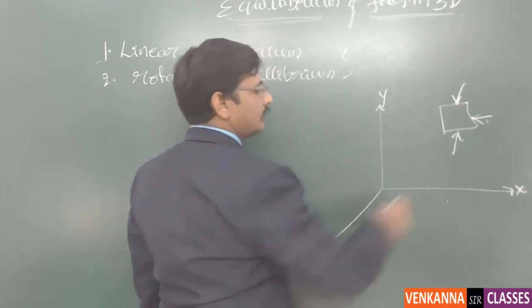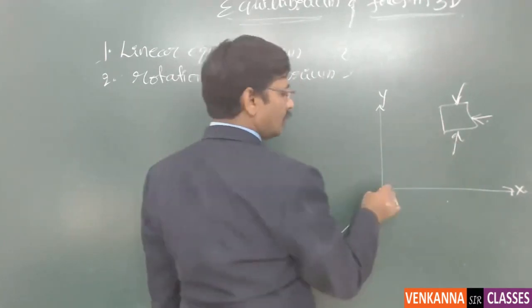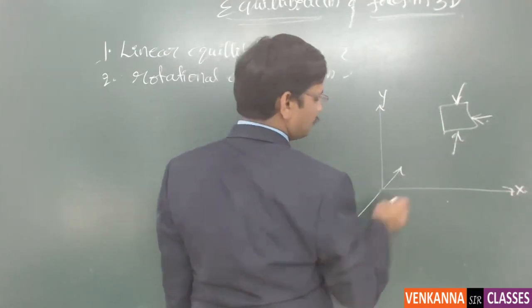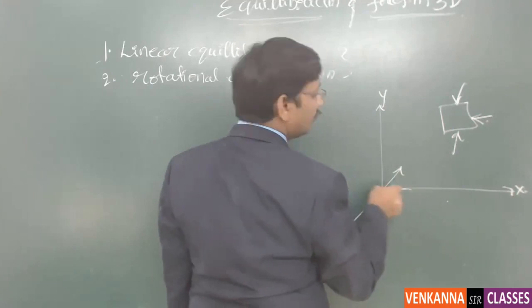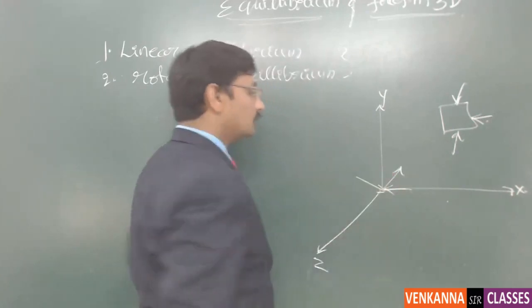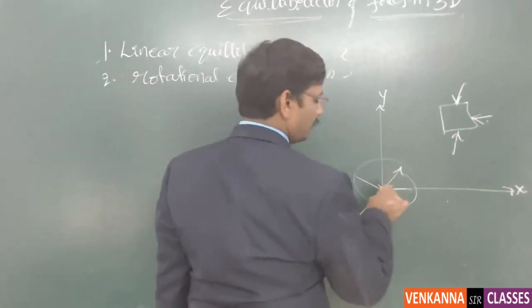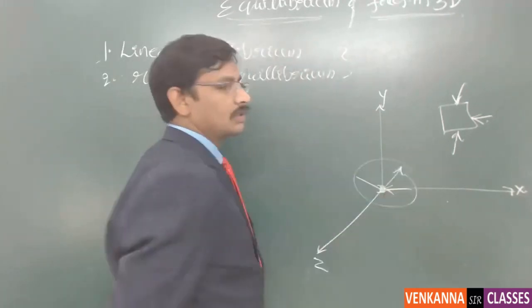Now with these three axes, all the forces can be resolved into one force acting at this particular point. So one like this, another like this, and another like this. This is the point of application for all the forces together.